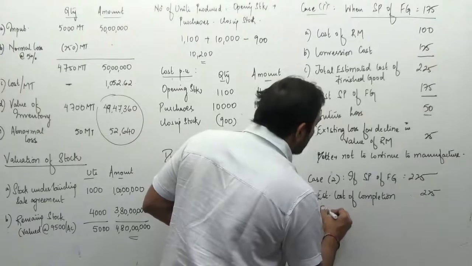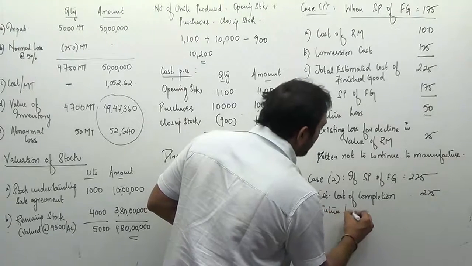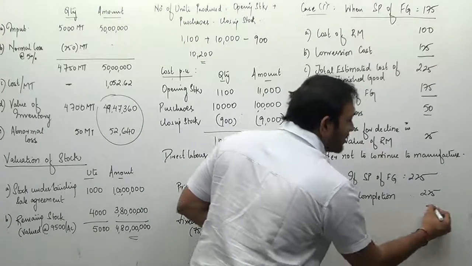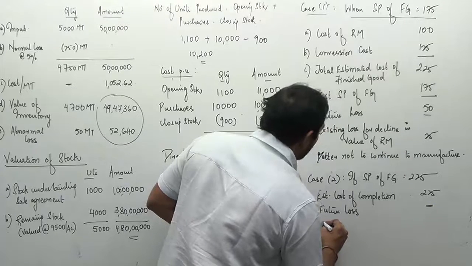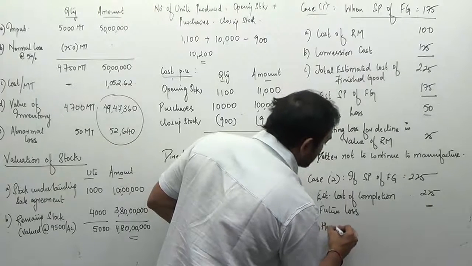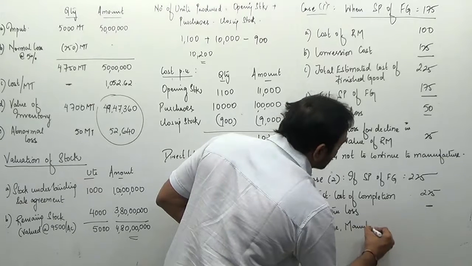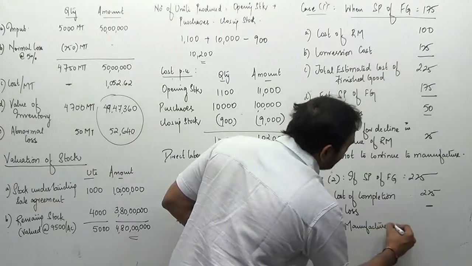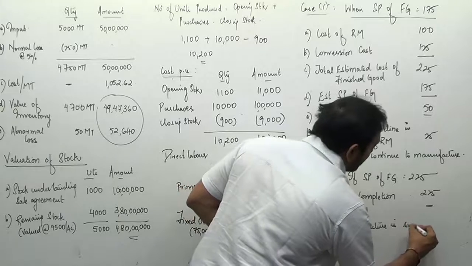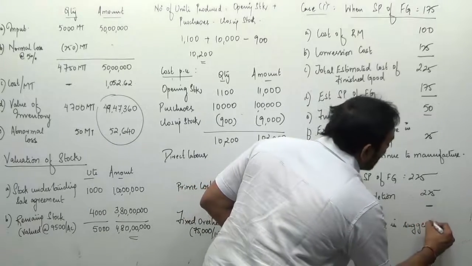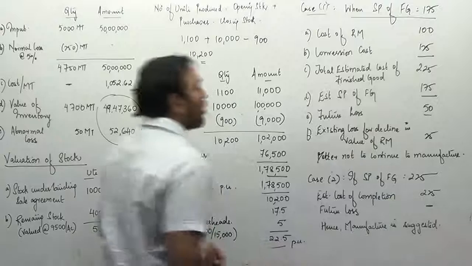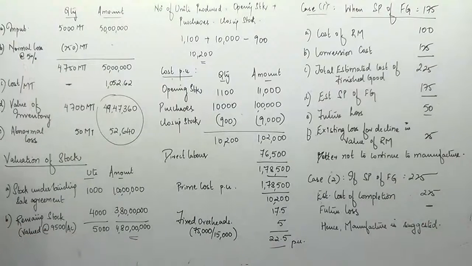So my future loss on sale of finished good will be 0. Hence, manufacture is suggested. Because if I do not manufacture, I'll have a loss of 25 rupees in the raw material. So at least if I manufacture, I'll be covering up that 25 rupees of a loss.